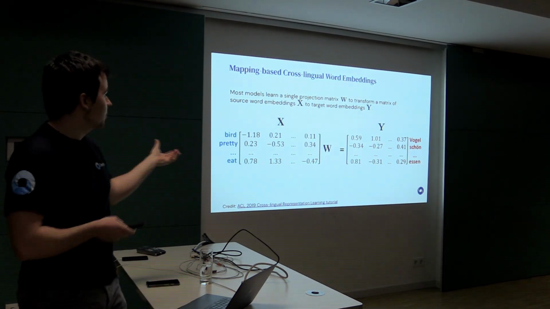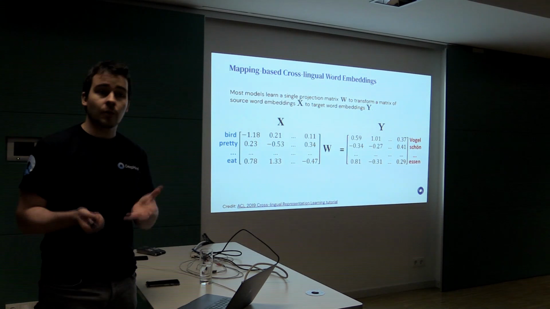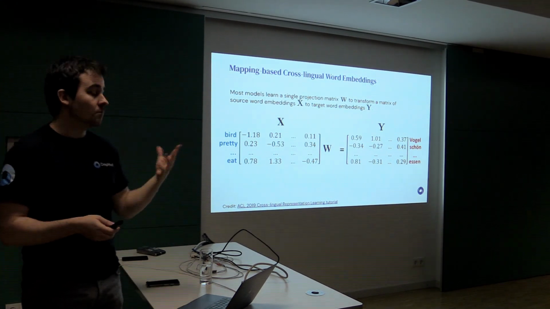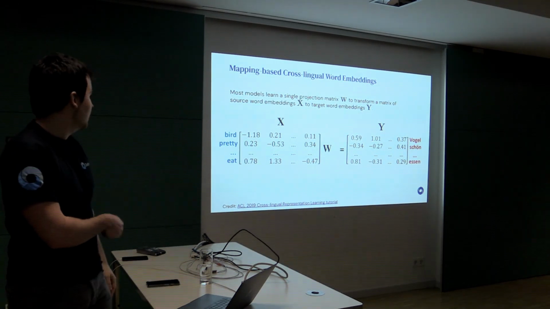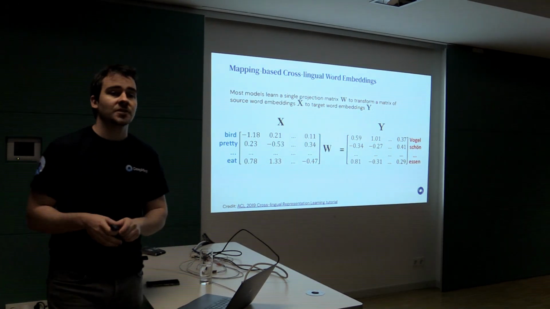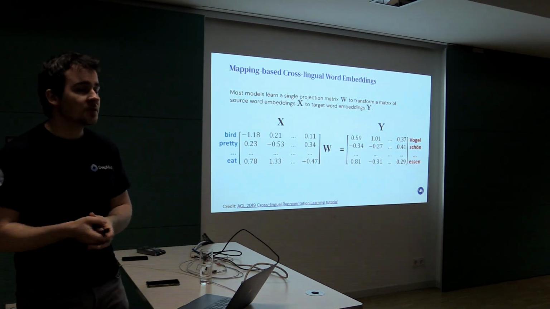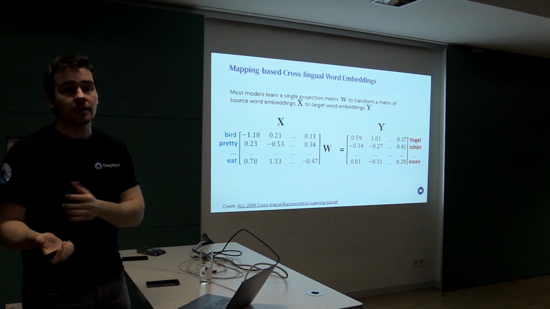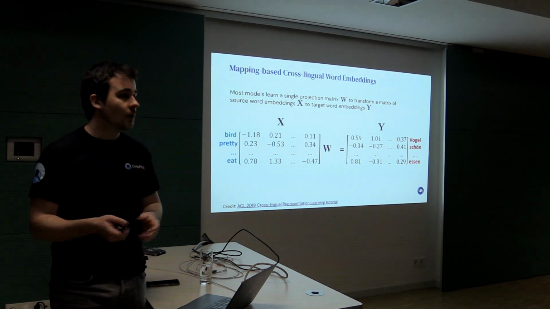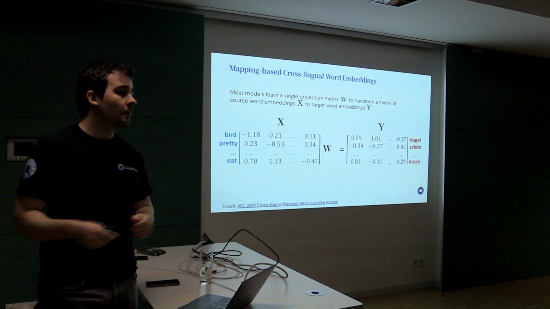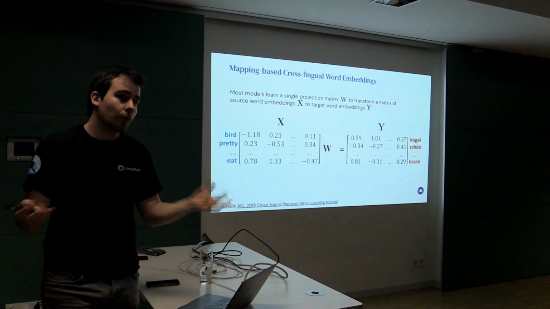In practice, the only requirement of this approach is that you have pre-trained word embeddings in your source language, such as English here, and your target language, such as German. You can obtain these pre-trained word embeddings just by using your favorite word embedding method of choice, like word2vec, for instance, training those word embeddings separately on their respective monolingual corpora.